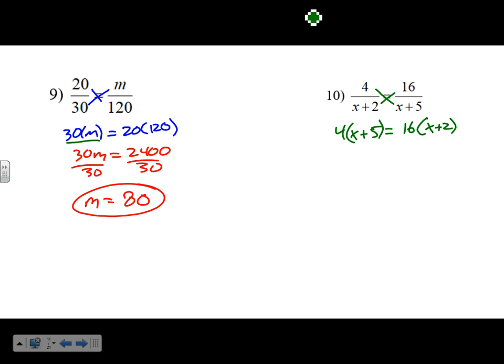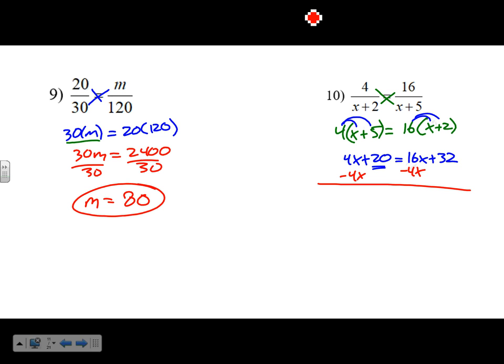And then you distribute. That's the biggest thing people forget. 4 times x and 4 times 5 is 4x plus 20. A lot of people have a 5 for that. 16x plus 32. And then solve this equation. Subtract 4x. Again, there's several different things you can do from this part.